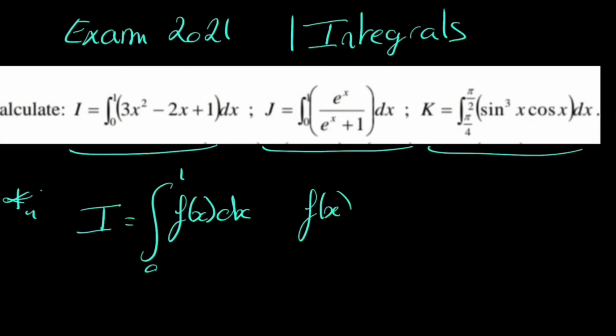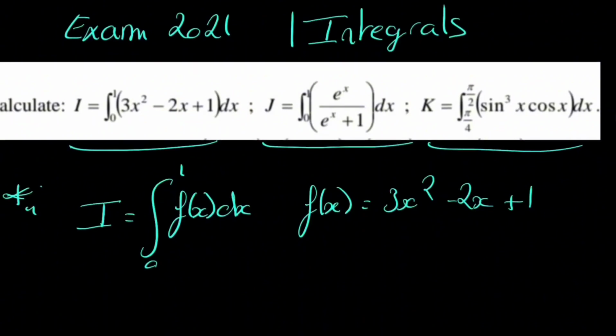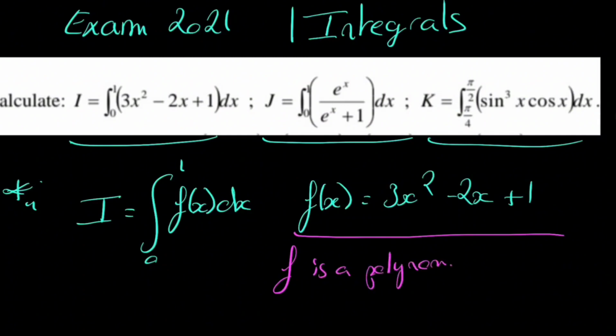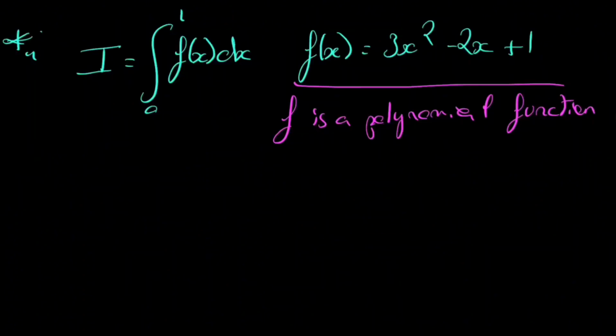f of x is equal to 3x squared minus 2x plus 1. So what you should know here is that f is a polynomial function, and those are really easy to integrate.